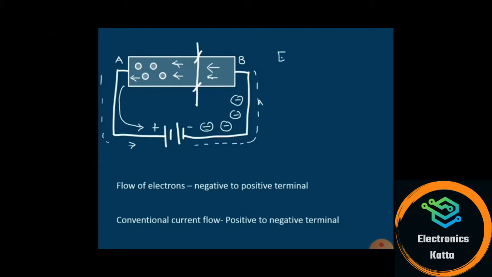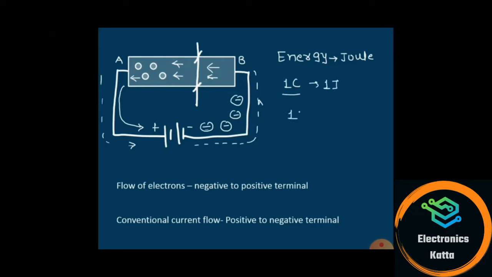As we have discussed, to get a movement of charge we require some sort of energy, and that energy is measured in the unit of joule. Let's assume we have 1 coulomb of charge, and to move this charge from the negative to the positive terminal we require 1 joule of energy.